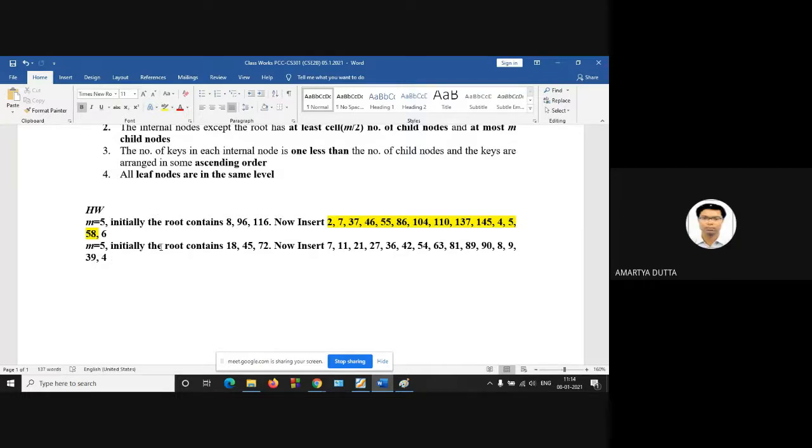Okay, next. M equals 3. Order is equal to 3. This is one GATE question.